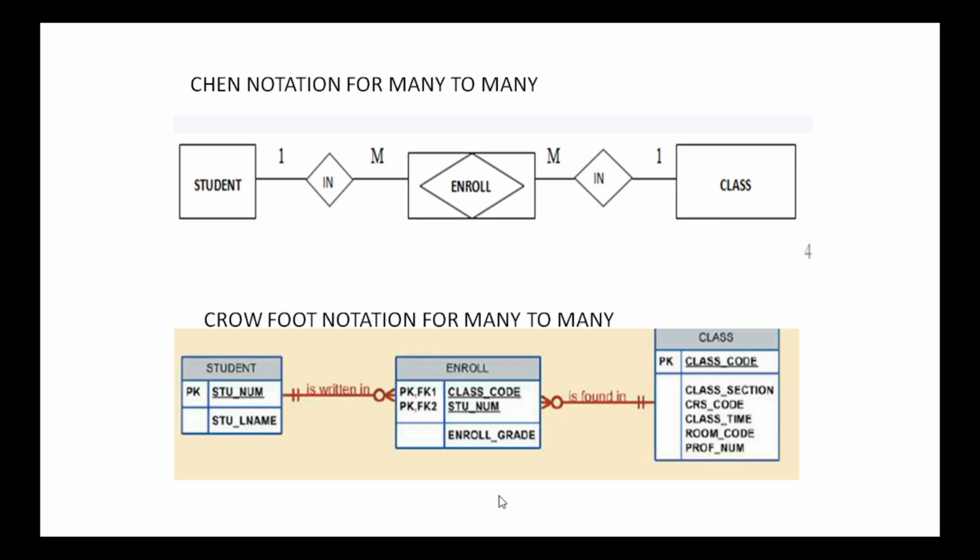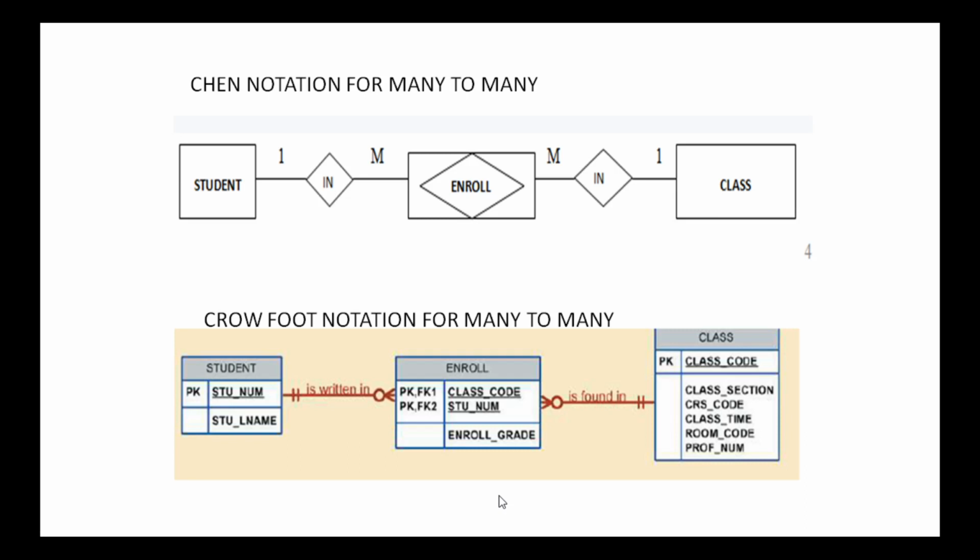Now the enroll entity. The enroll entity contains the combination of the primary keys of the two tables to which it is related. Just see this diagram. The enroll entity has a composite primary key. That means it contains the combination of class code and student number as a composite primary key, along with an enrollment grade.